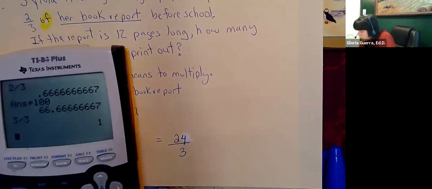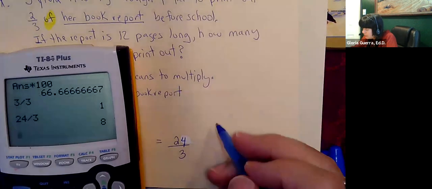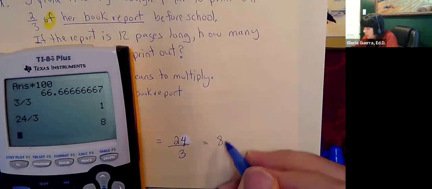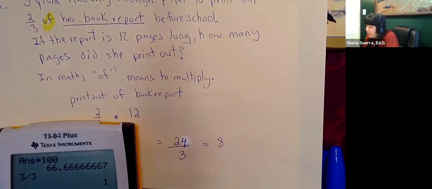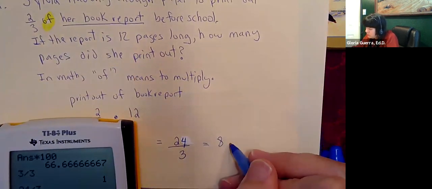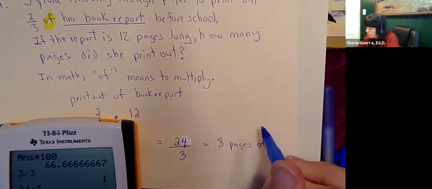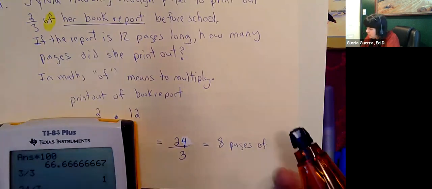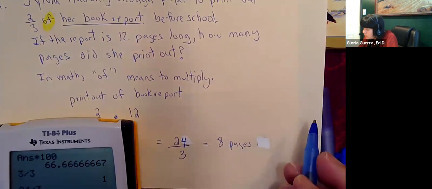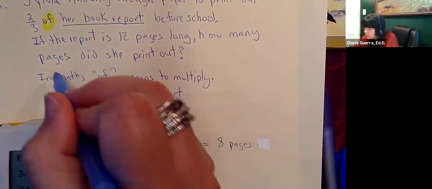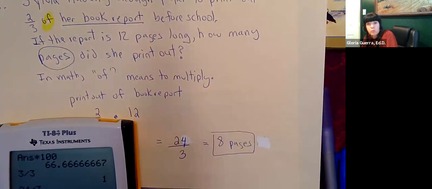And then I think that will go into it evenly. 24 divided by 3 goes into it 8 times. Okay, and this is how many pages she prints out. So 8 pages were printed out.